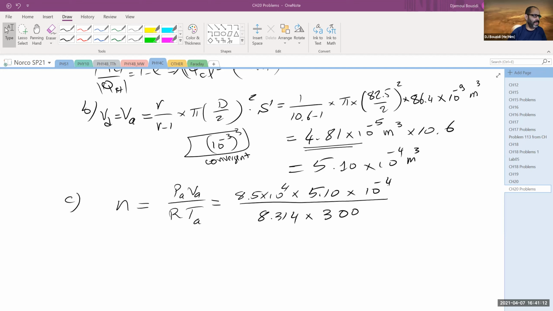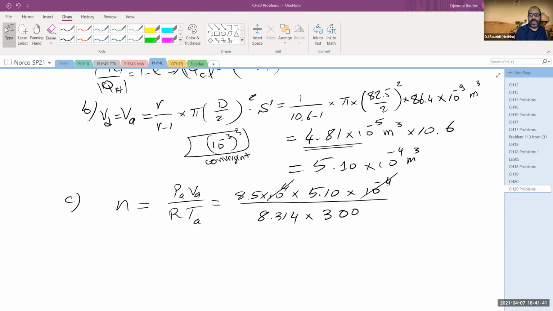So if we come in here and use the correct numbers, I have 8.5 times 10 to the power 4 times 10 to the negative 4, so they cancel. I really don't need to deal with this power stuff, so it's good. We just need to deal with the numbers without powers: times 5.1 divided by open parentheses 8.314 times 300.